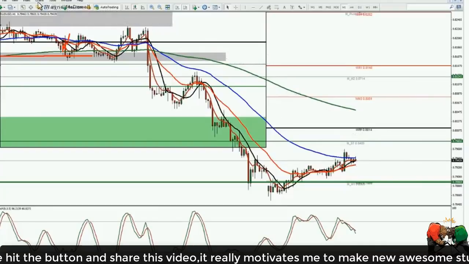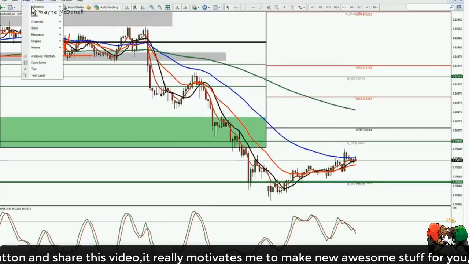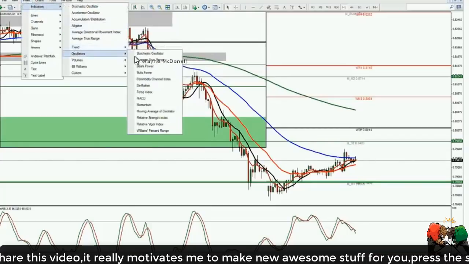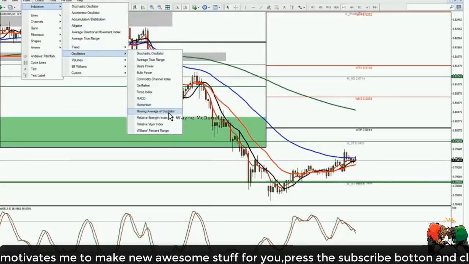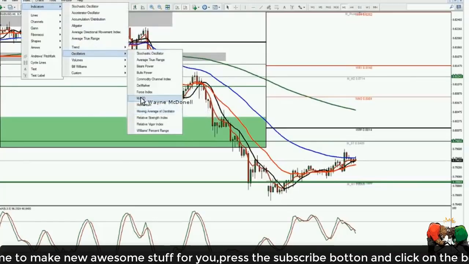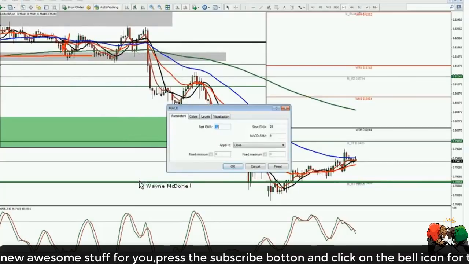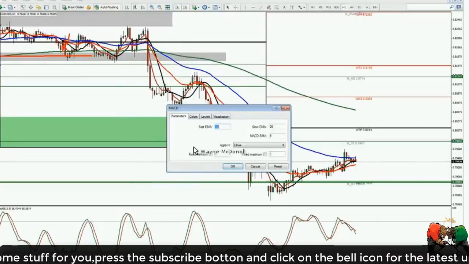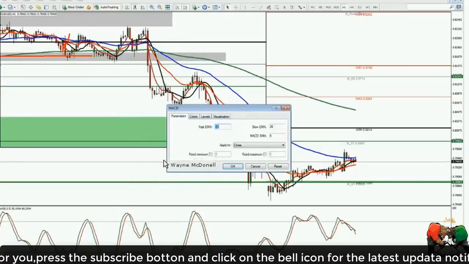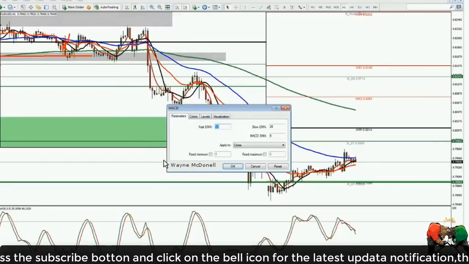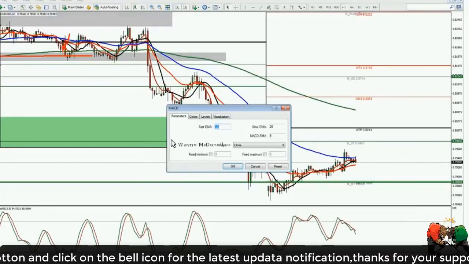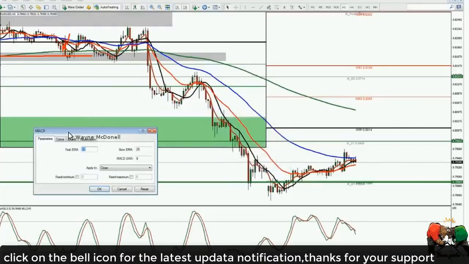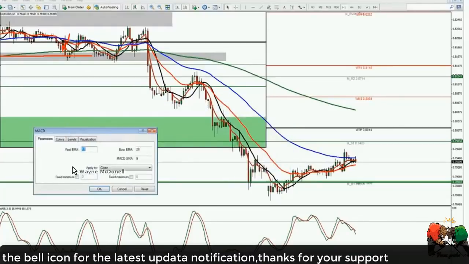So let's make a MACD. Insert, indicators, oscillators, moving average oscillator, MACD, there it is. So what moving averages am I going to input here to measure the overbought and oversold conditions for the market?